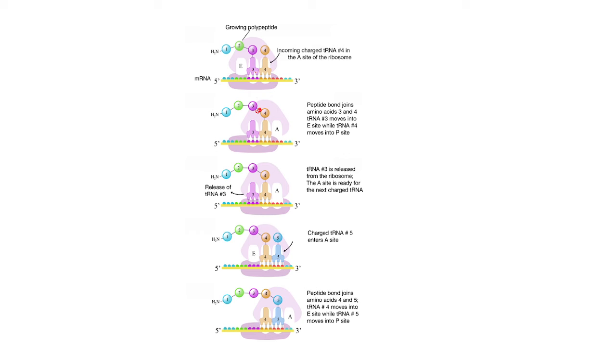This third tRNA moves to the E site and it is released. And this fourth tRNA now moves to the P site. Again, the fifth tRNA will come. It will form a peptide bond. This fourth will move to the E site and the fifth will come to the P site. So like this, the tRNA keeps on shifting.